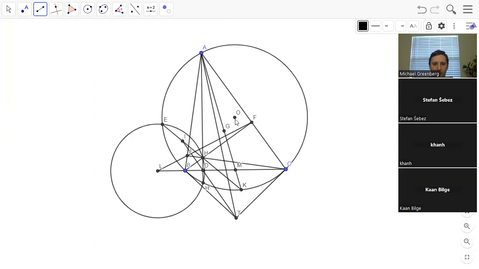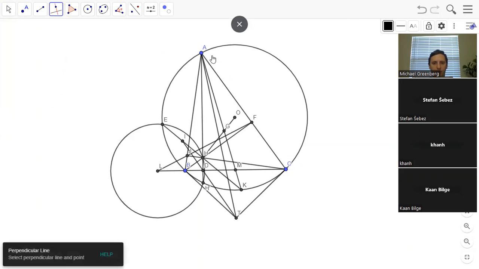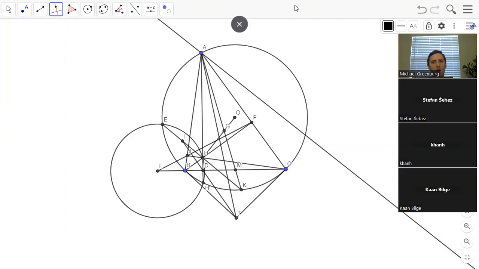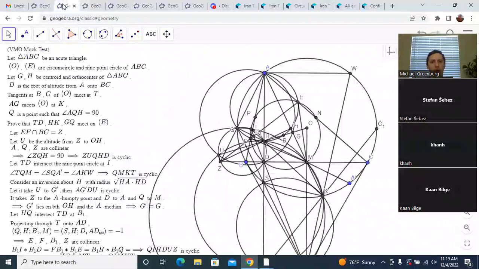But then I think, what was Q? Q was the perpendicular from A to the Euler line. Is that what Q was? No, I'm sorry, Q is the Q point.